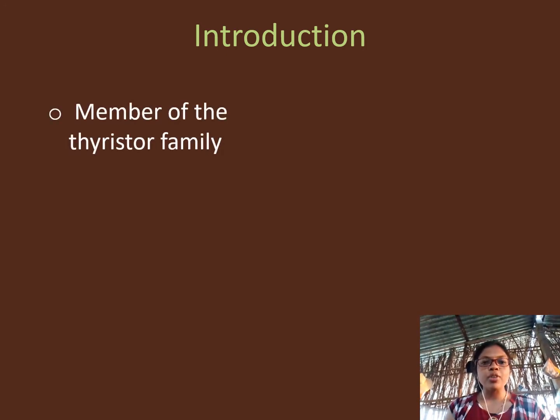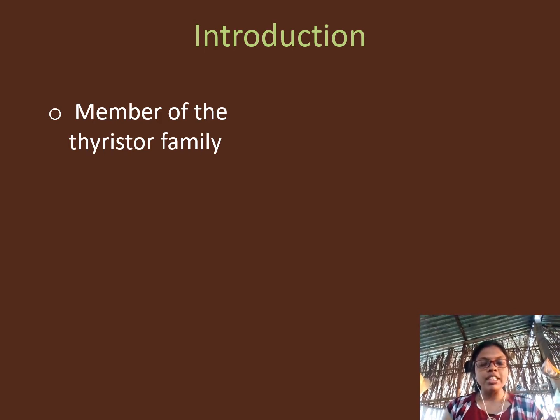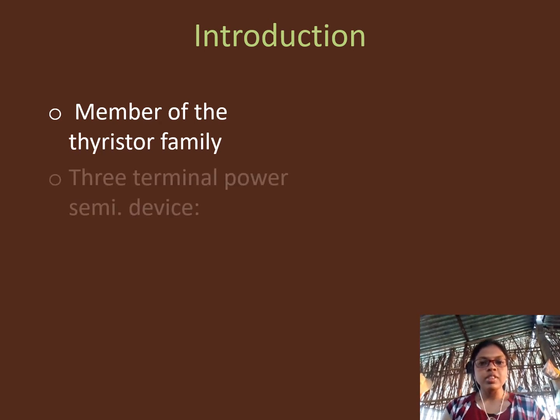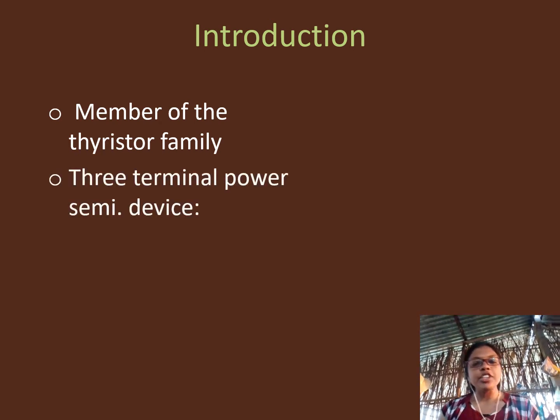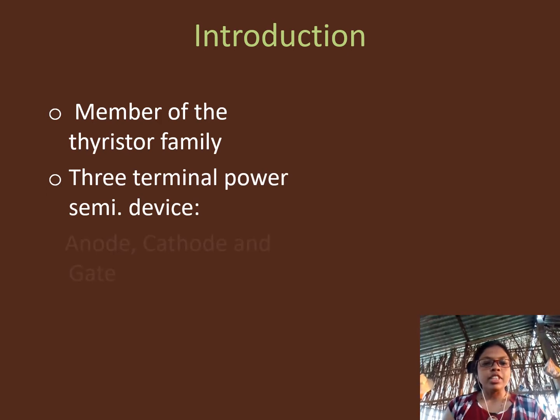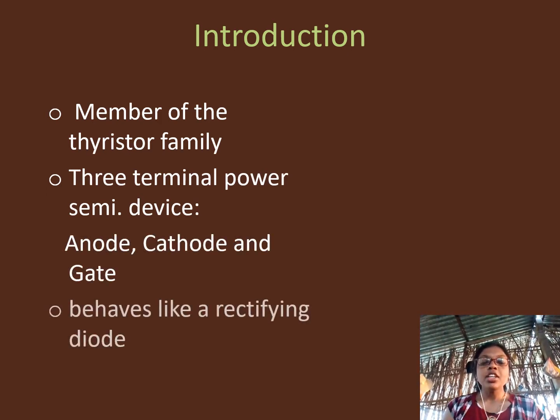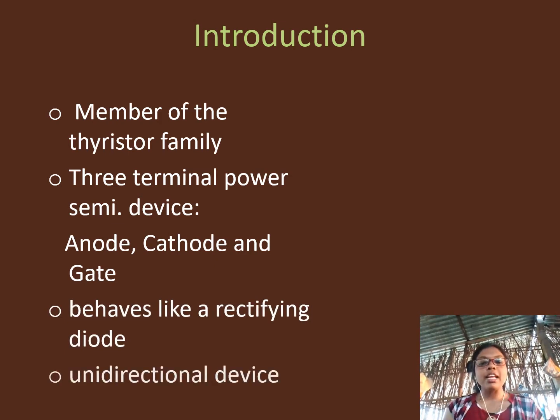SCR is a member of the thyristor family of devices. In this family there are many semiconductor devices, and SCR is one of them. It is basically a three terminal device. The three terminals are anode, cathode and gate. It is a unidirectional device which behaves like a rectifier.